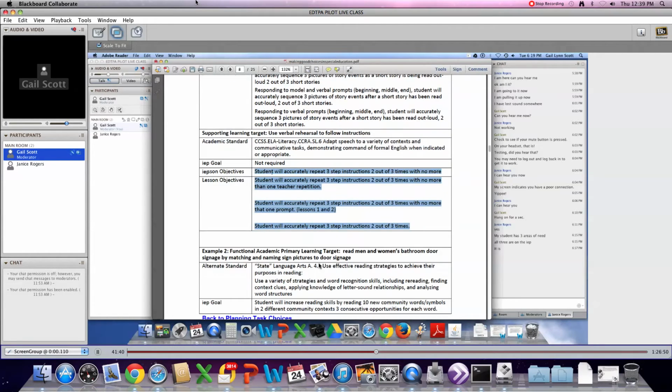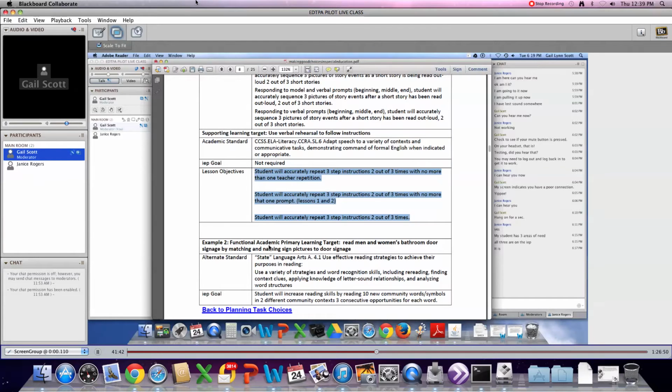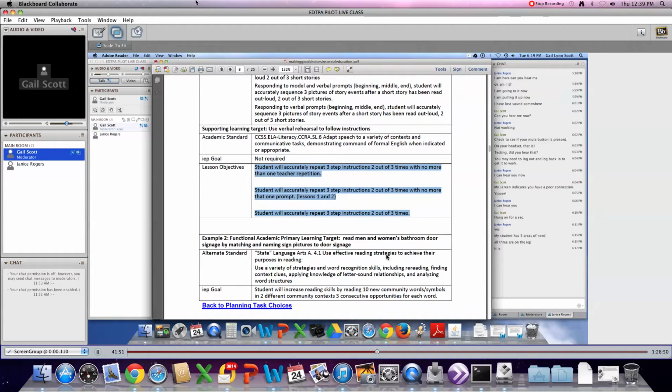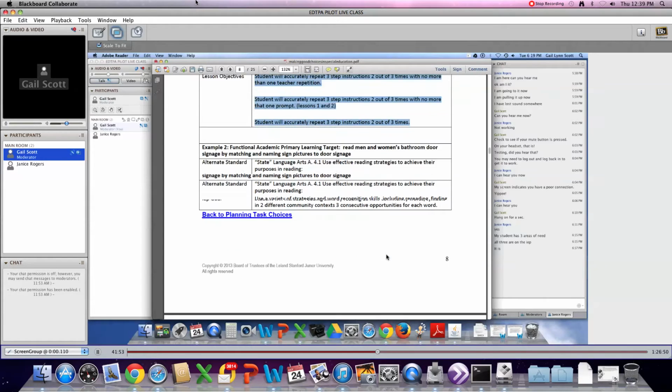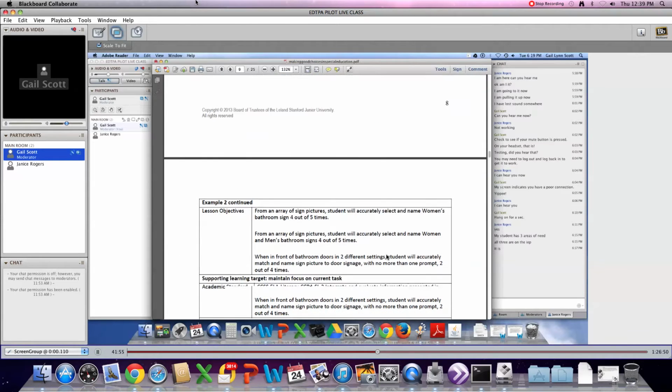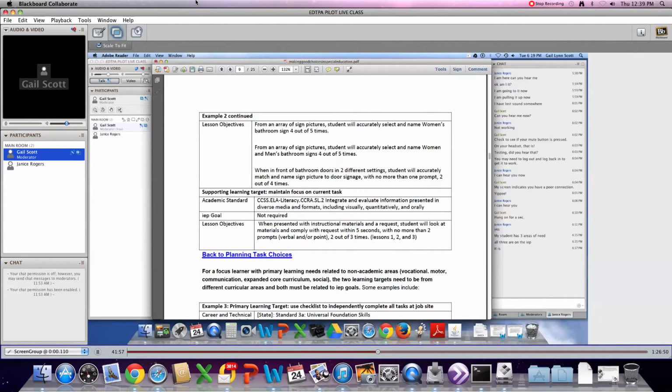Then you've got another example of a functional academic skill primary, reading the signs on the bathroom doors. These examples continue. The learning objectives for that lesson, and then maintaining focus on current task is a supporting target.